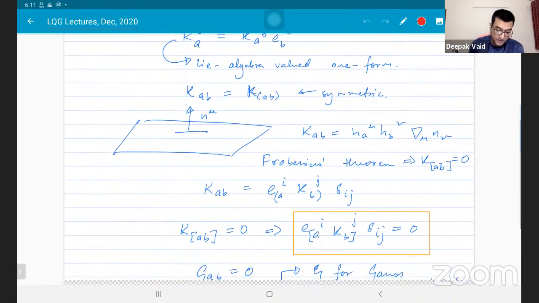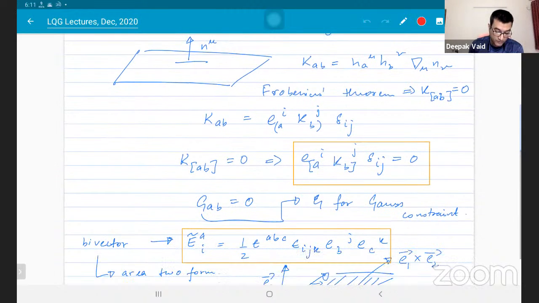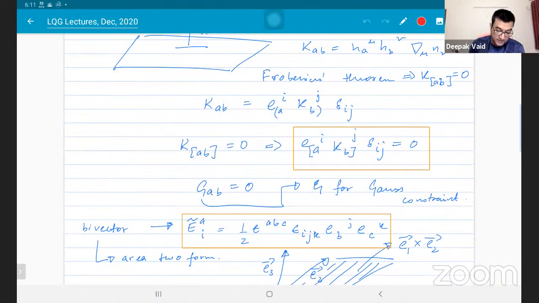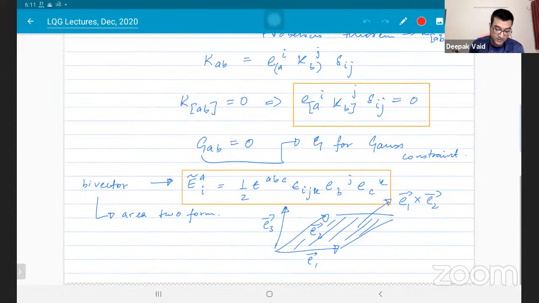This fact has to be reflected in the structure of the curvature one form. This is done by imposing a constraint that the antisymmetric part is 0, which can be written as GAB equal to 0, and it becomes what is known as a Gauss constraint.